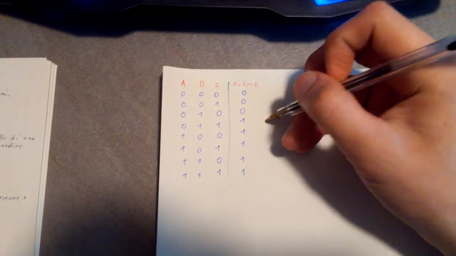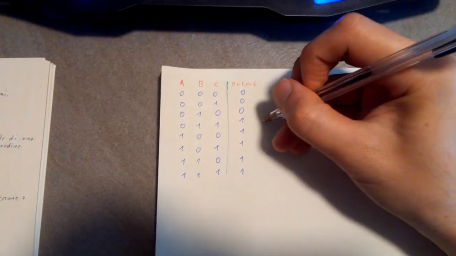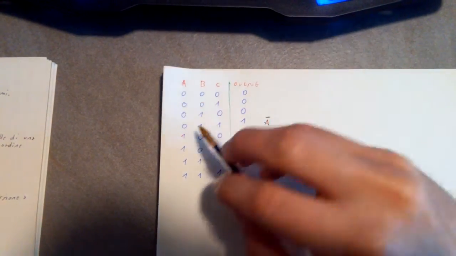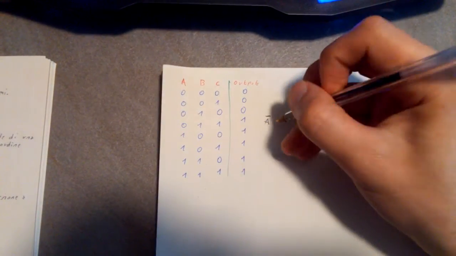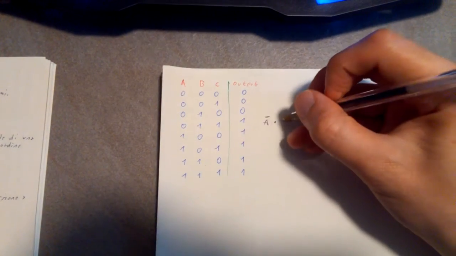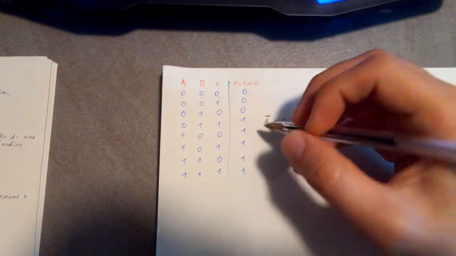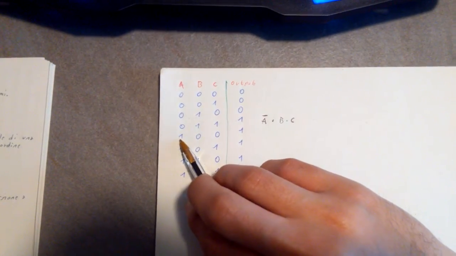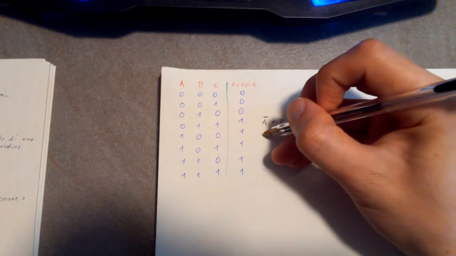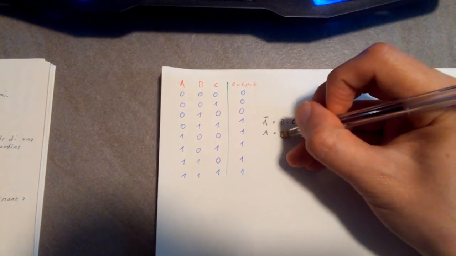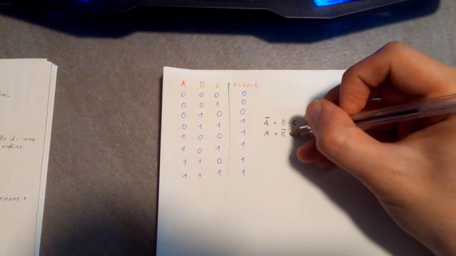So in this case, the Minterm is going to be A naught times B, because it's 1, times C, because it's 1. Here, we're going to have A, which is 1, times B naught, because it's 0, times C naught, because it's 0.